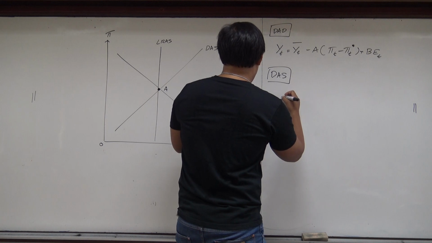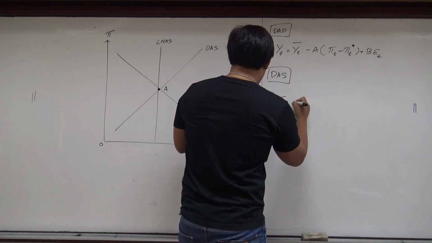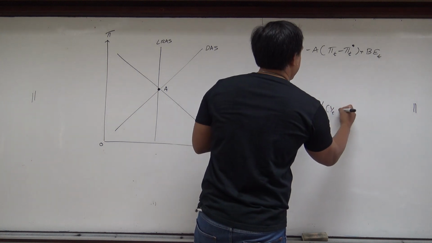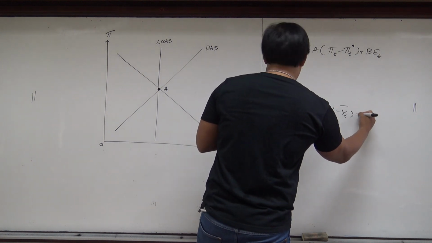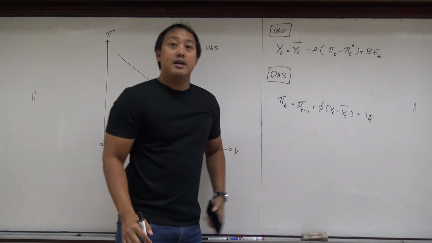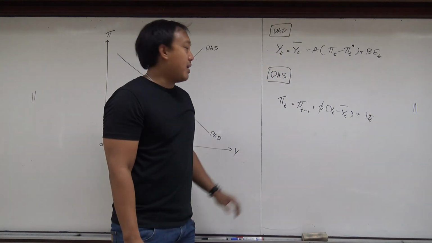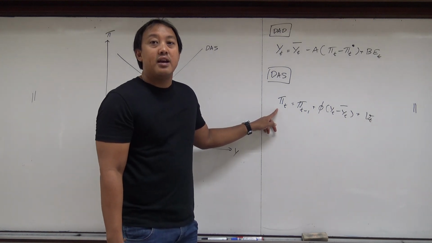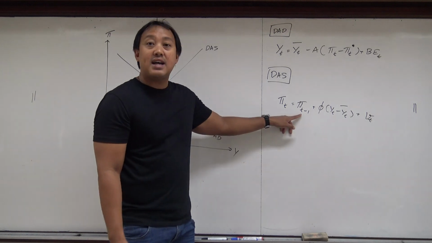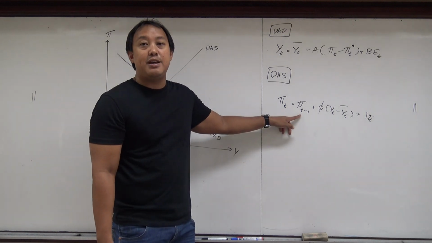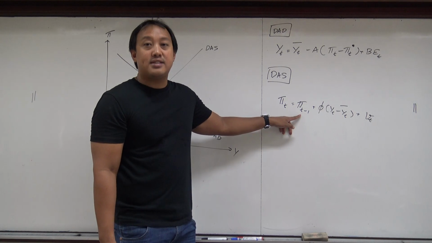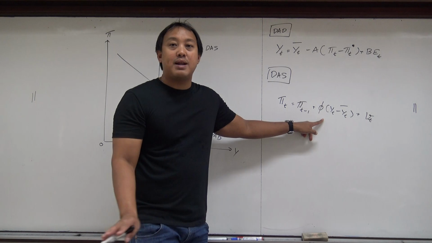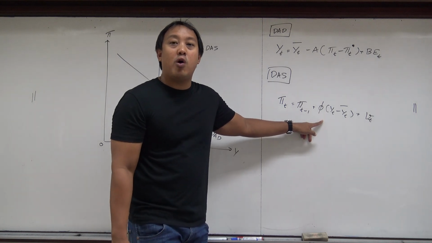So you have pi t = pi t-1 + phi(Yt - Yt bar) + vt. This is the equation for dynamic aggregate supply. On the left side is pi t, inflation today. Inflation today depends on pi t-1, inflation one period ago, plus phi, just some parameter, don't worry about it.